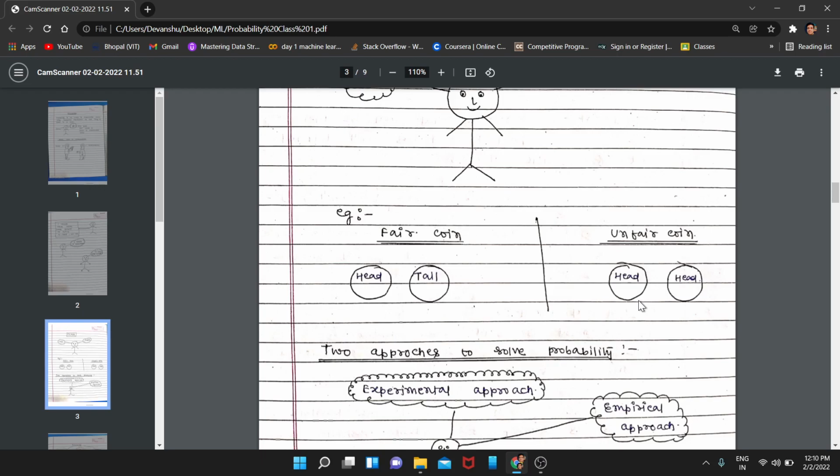If you toss a coin, you win the toss every time, because on each side a head is given, there is no tail. So that is called unnatural, that is unfair.